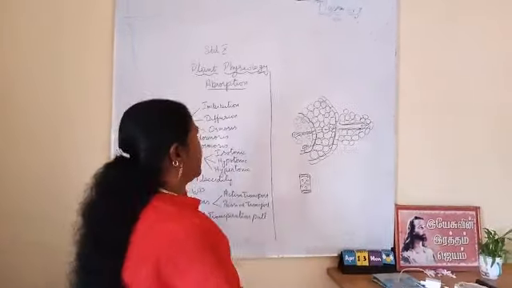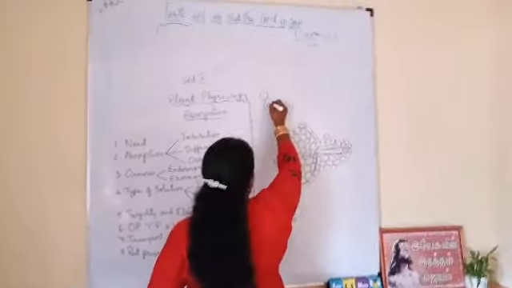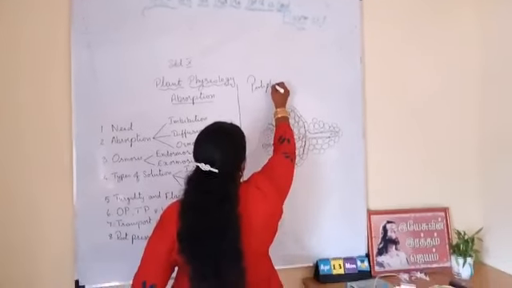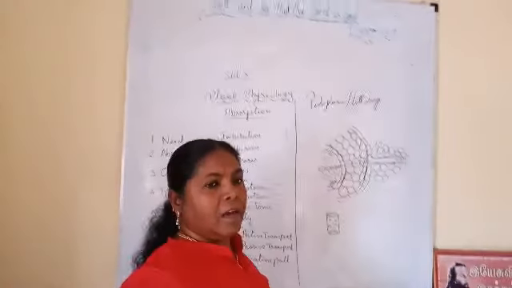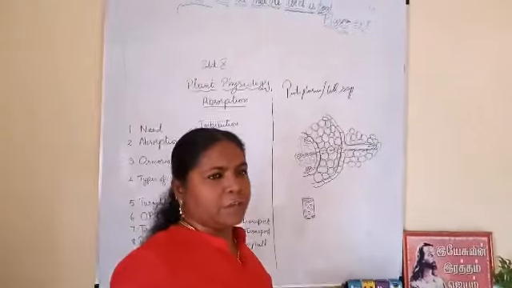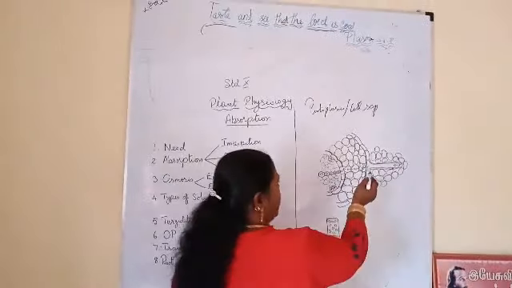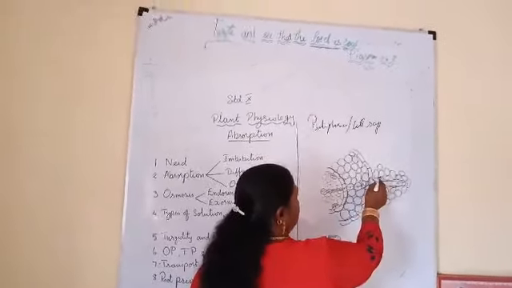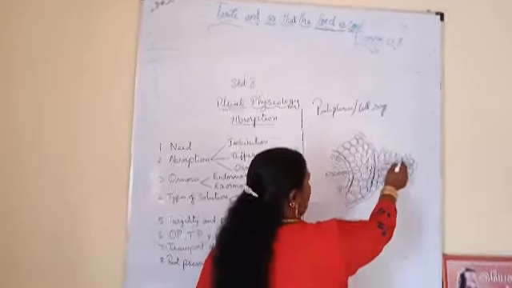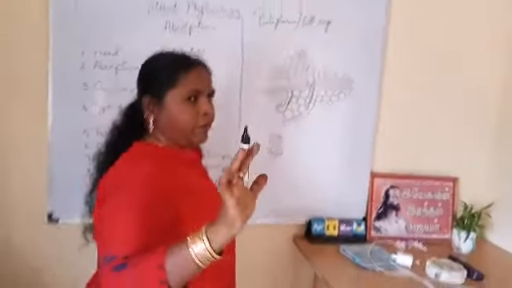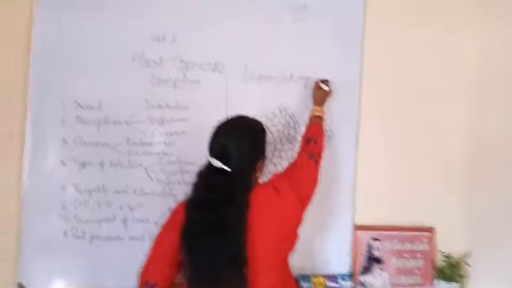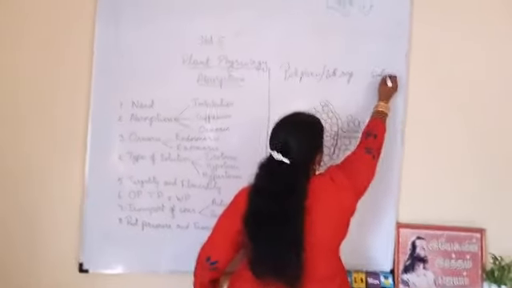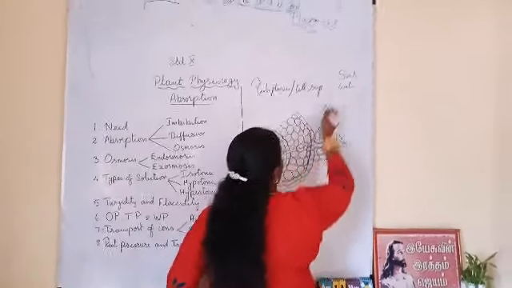Okay? Suppose you take the protoplasm or cell sap, it contains water and some dissolved substance. And the water in between the soil particles is only water. So soil water is only water.